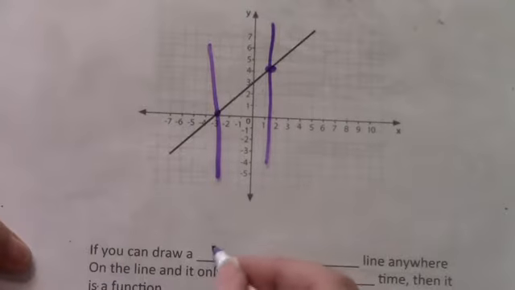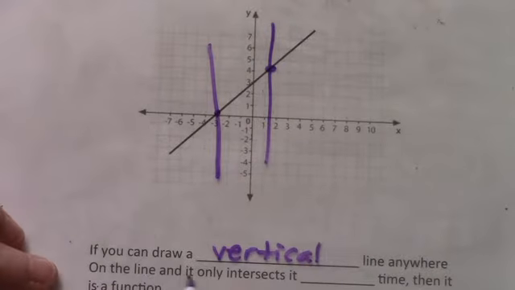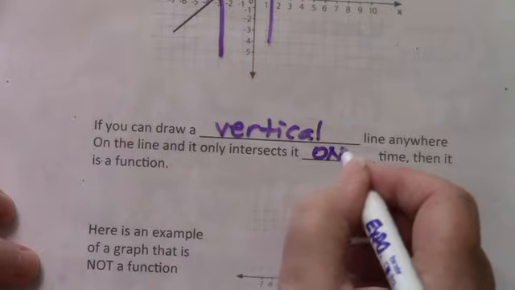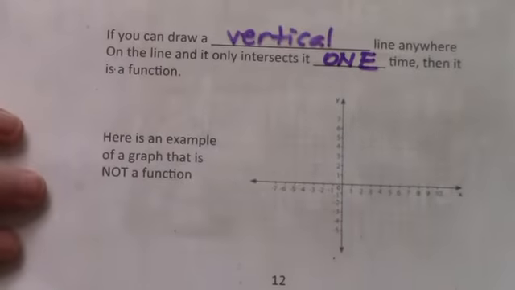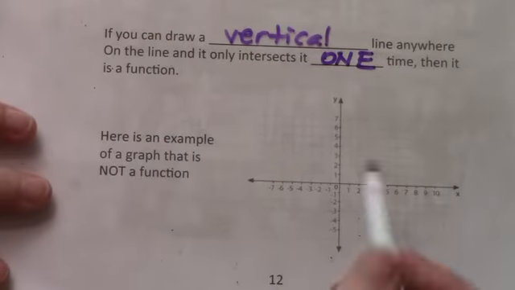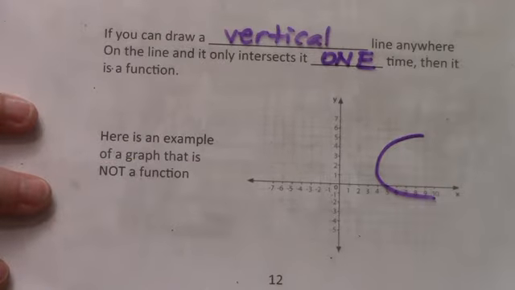If you can draw a vertical line anywhere on the graph and it only intersects it one time, then it is a function. Here's an example of what something that's not a function could look like. What if I had a shape that looked like that? It's some sort of graph that looks like that.